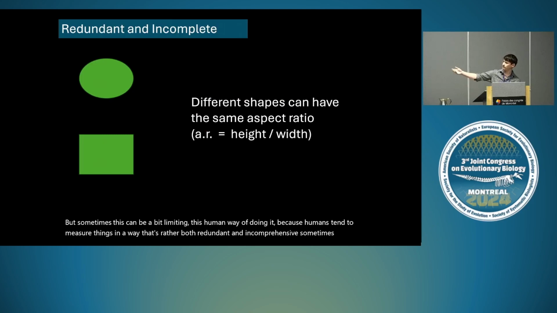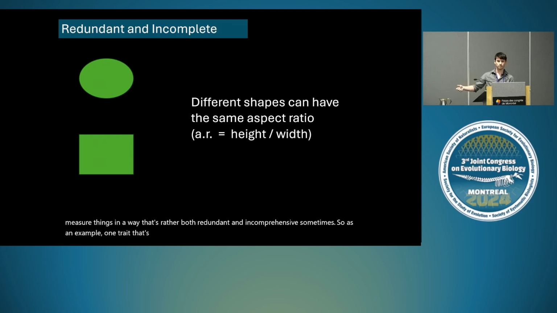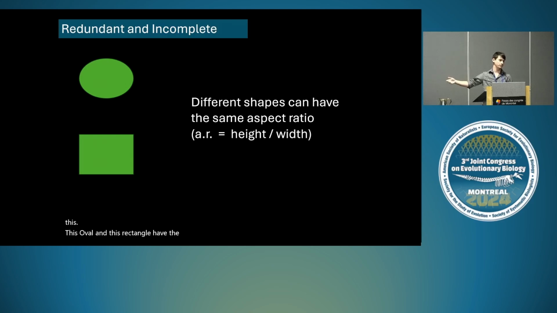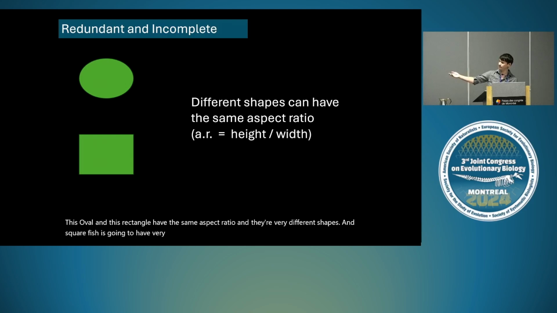As an example, one trait that's measured in all sorts of systems, from fish to plants, is aspect ratio. Aspect ratio is just the height ratio to the width of something. But as you can see, this oval and this rectangle have the same aspect ratio, and they're very different shapes. And a square fish is going to have very different hydrodynamics than an oval-shaped fish.